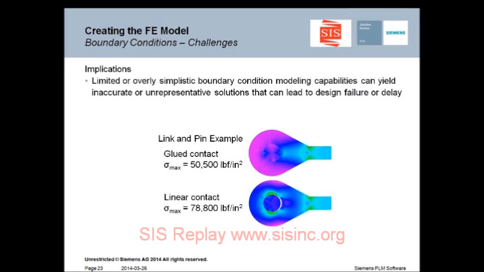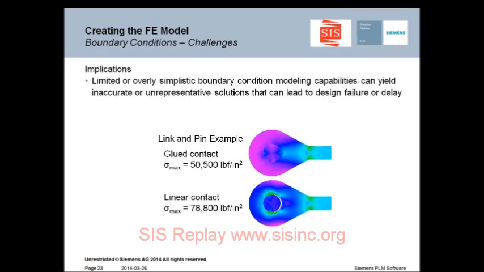One of the capabilities that Femap, before I get to that, there's an example of how boundary conditions can be pretty important and lead to bad answers, essentially, if we're not vigilant about how we're setting up. In this simple link and pin example, in the model at the top, we've opted to completely glue the pin to the link, so that we have a transfer of loading all the way around the circumference of the pin.